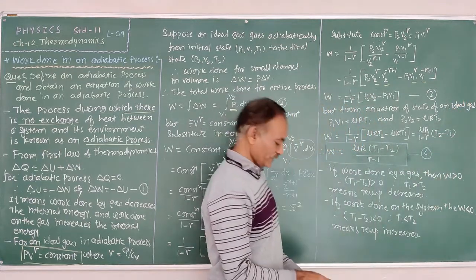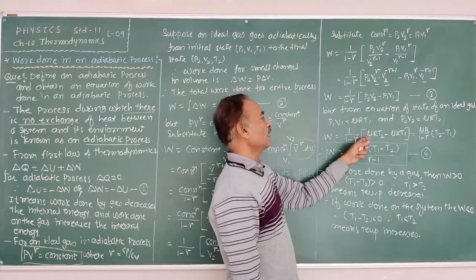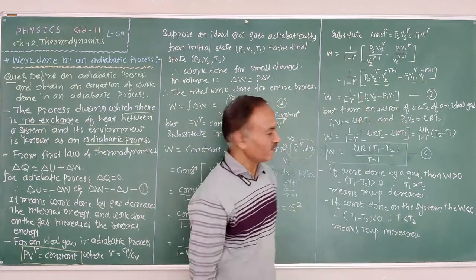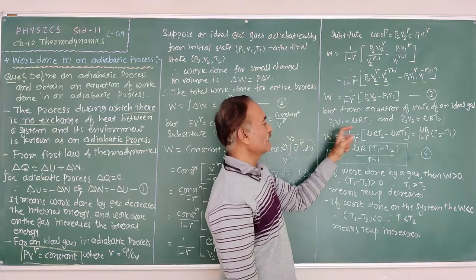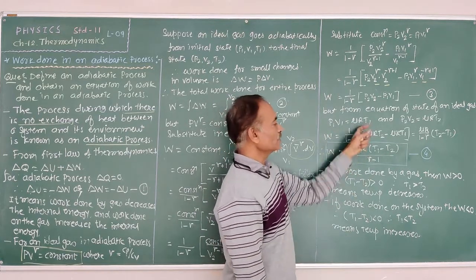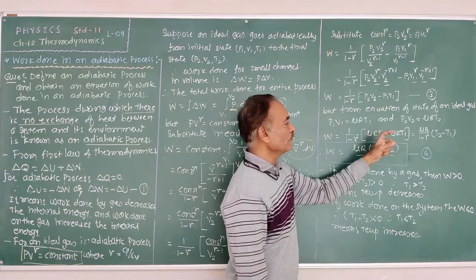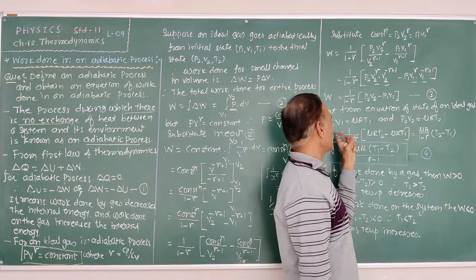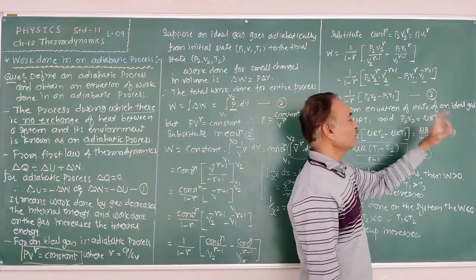Instead of P2 V2, we take mu RT2, and instead of P1 V1, we take mu RT1. Therefore, W is equal to 1 upon 1 minus gamma into bracket mu RT2 minus mu RT1. Mu R is common, so W is mu R upon 1 minus gamma, T2 minus T1.